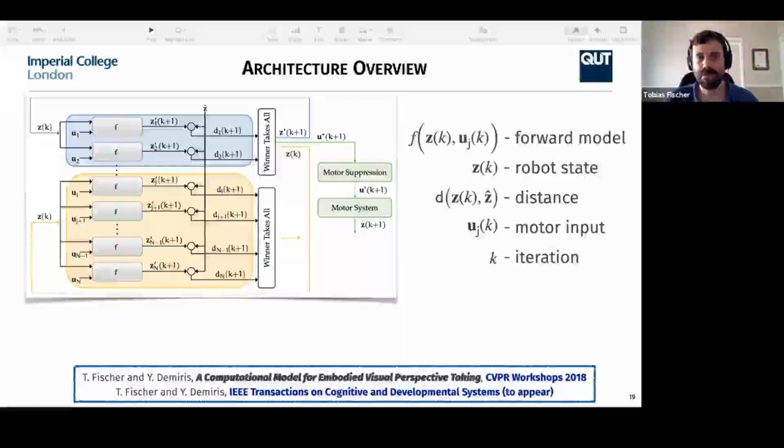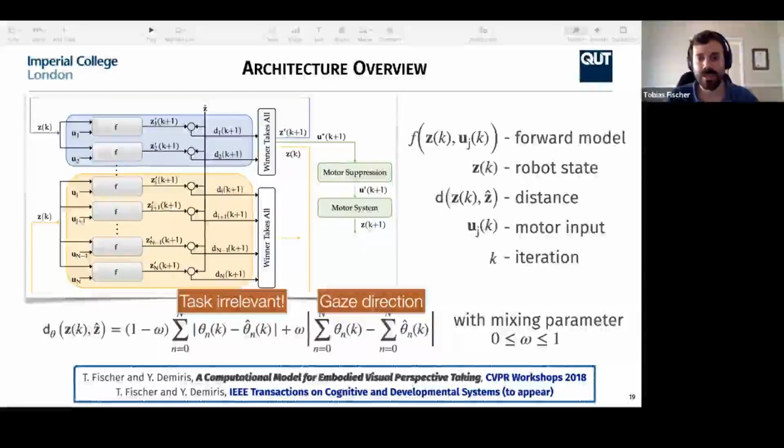After you simulated that movement, that gives you a new estimated state, and you feed that in a loop and just do that until the difference between the estimated state and the target state is small enough that you can stop the estimation.